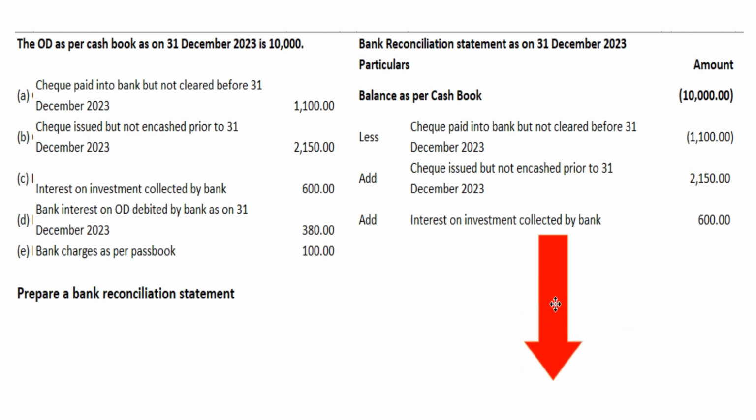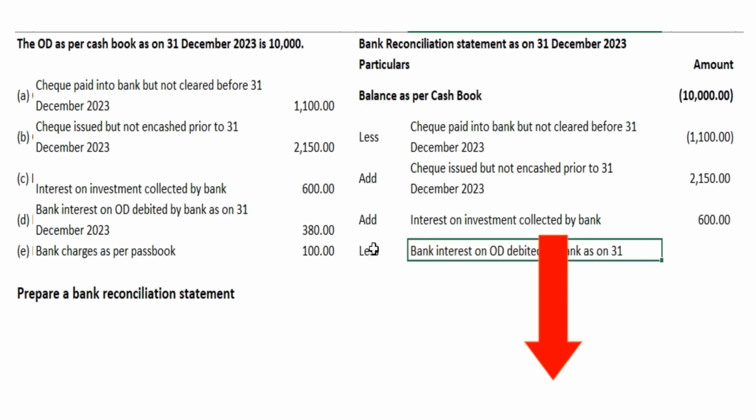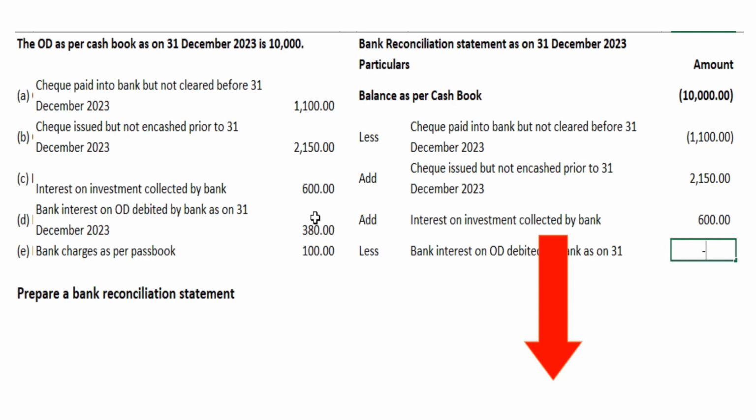So the bank decreased our balance. Now, we start with balance as per accountant's record and need to get the balance as per bank. For that, we need to do what the bank has done. Bank decreased our balance, so obviously we need to decrease.